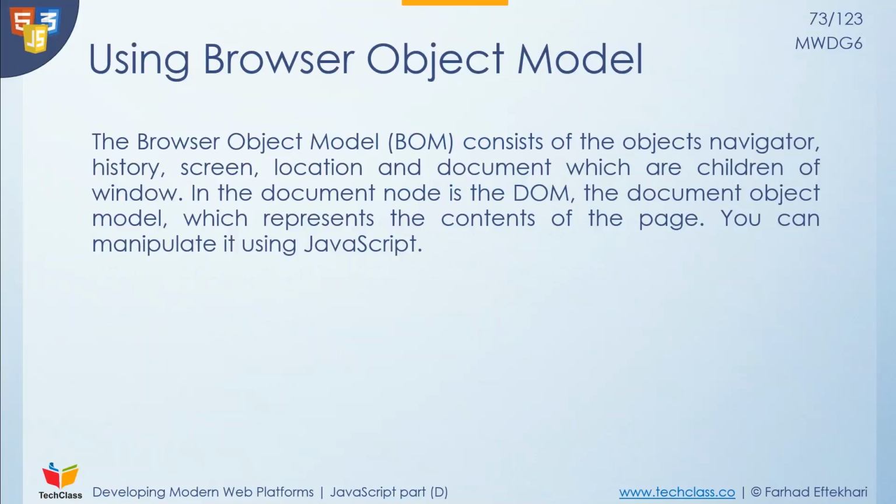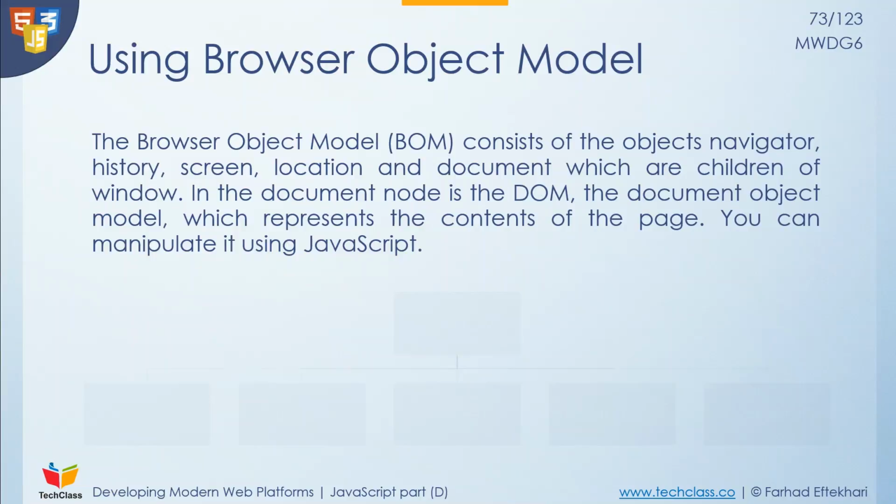All right, now let's get familiar with the browser object model, which consists of the objects navigator, history, screen, location, and document. They are all children of window, and you can get access to them and manipulate them using JavaScript in order to somehow represent some other values for the contents of the page that you are browsing.